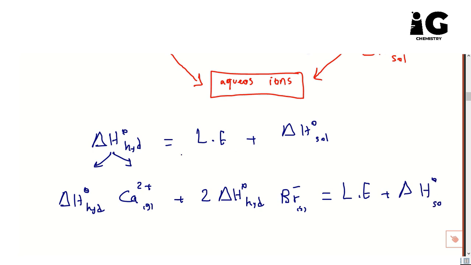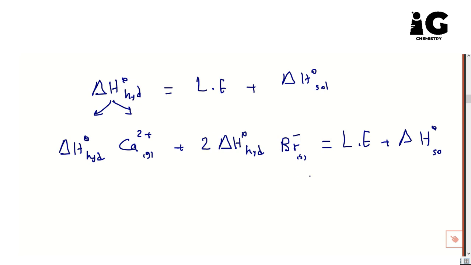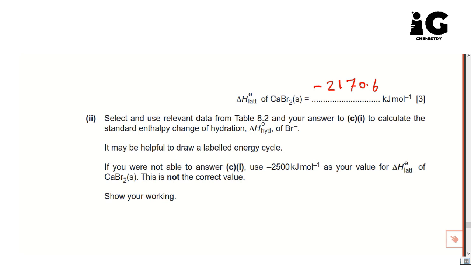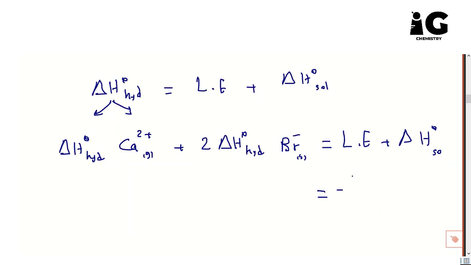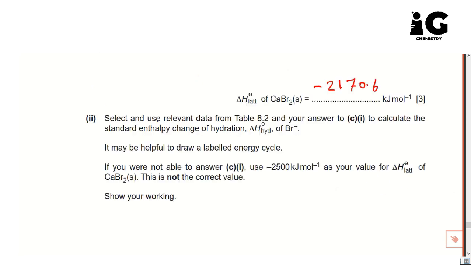Okay, and then we can substitute the values as given. For lattice energy, I think this is the one we calculated together. It's negative 2170.6, to 107.6, plus the standard enthalpy change of solution.